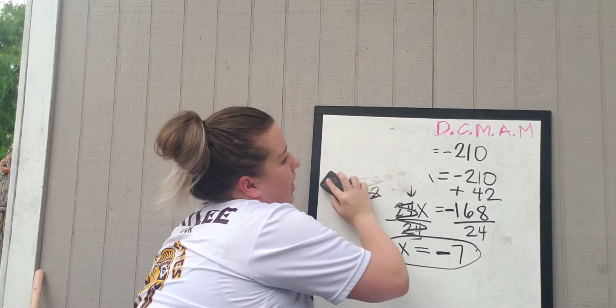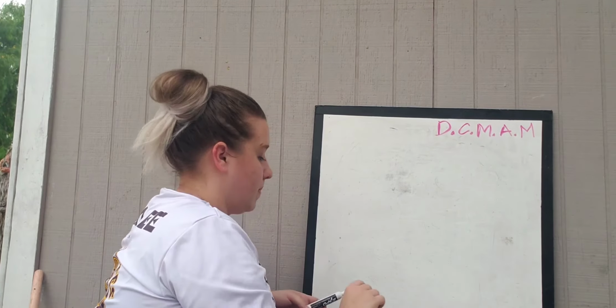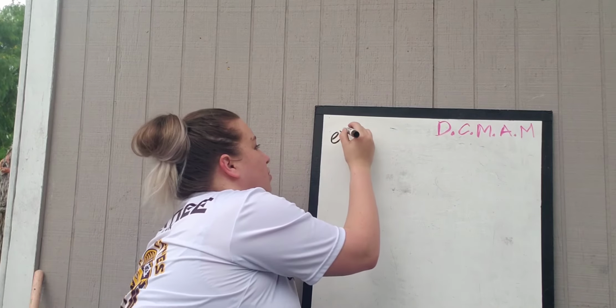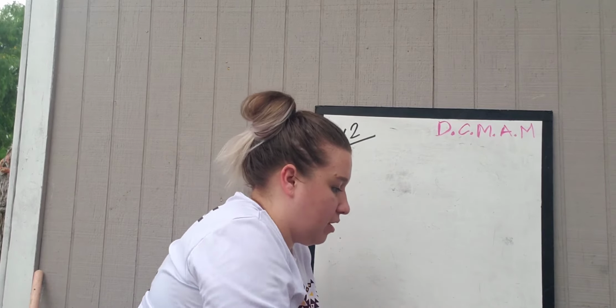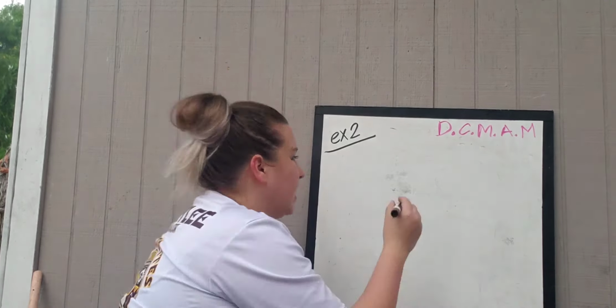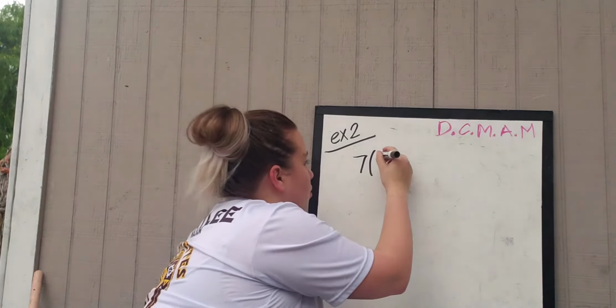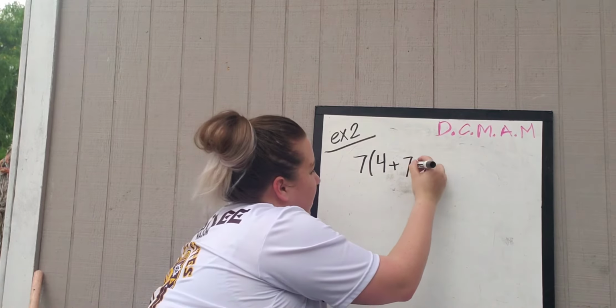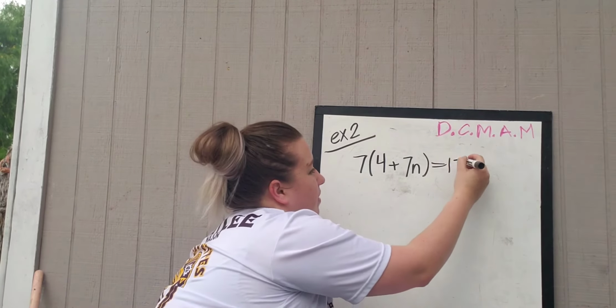We're moving on. Example number 2. Let's see what I got for y'all. Let's try another one that looks like 7 times (4 plus 7n) equals 175.